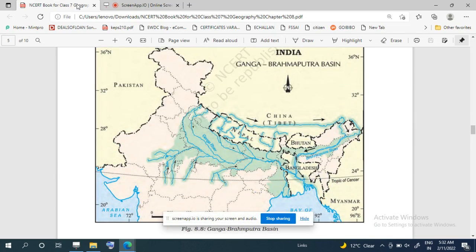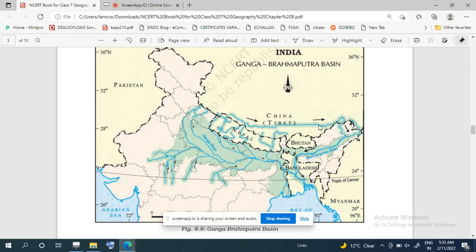As you can see on the map, this is the Ganga Brahmaputra Basin. It is situated in the northern part of India, and you can see this is River Ganga, and this is River Brahmaputra.